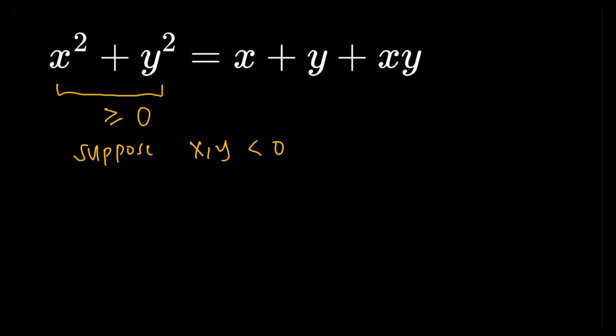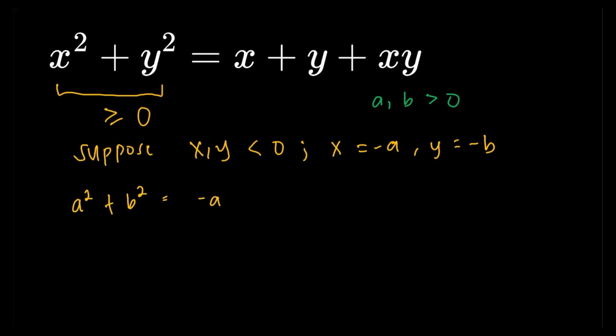Essentially I could have x be negative a, and y be negative b, where a and b are both positive in this case. Now I'll try to rewrite the equation. The equation becomes a squared plus b squared is equal to negative a minus b plus ab.